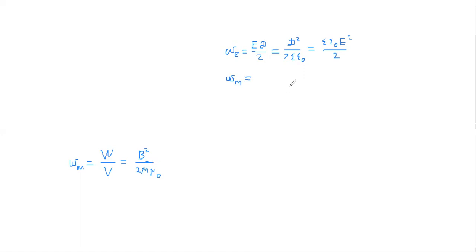It will be B multiplied by H divided by 2, and this is the same as B to the power of 2 divided by 2 mu 0, and this is the same as mu 0 H to the power of 2 divided by 2.